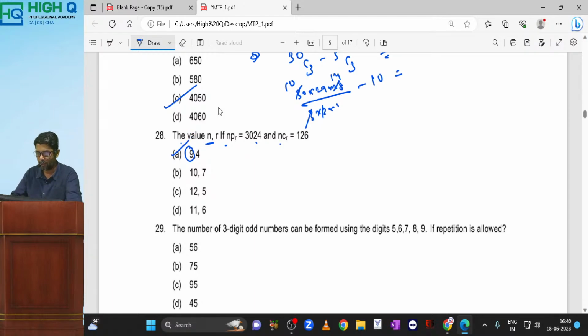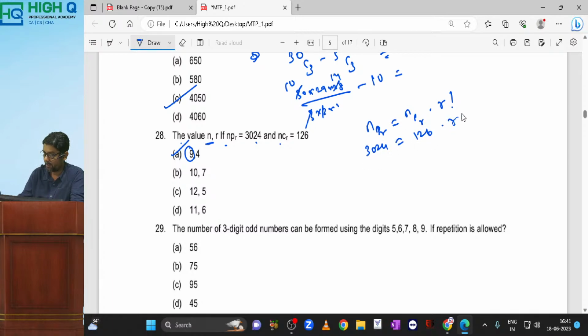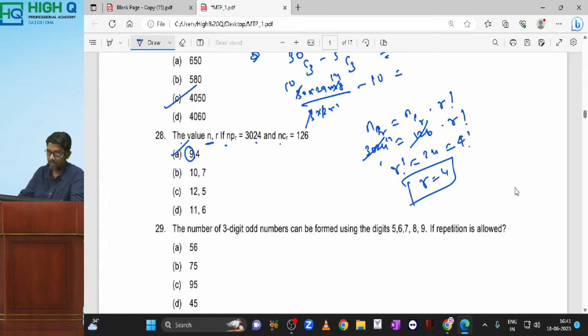But the actual method also I'll show you. See, NPR is equal to NCR into R factorial. NPR is 3024. NCR is 126 into R factorial. Cut, 24 times. So R factorial is equal to 24, which is 4 factorial. So R is equal to 4.